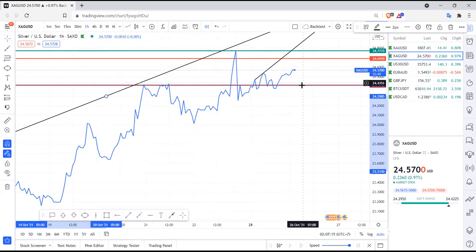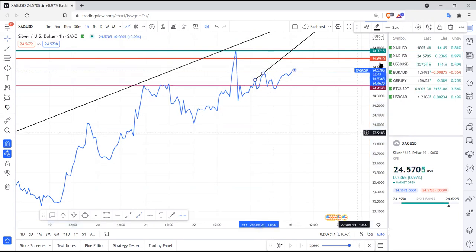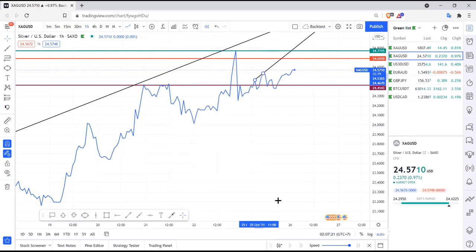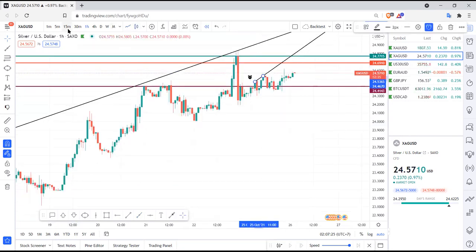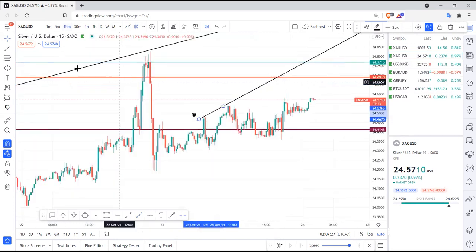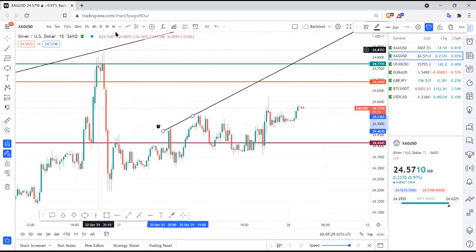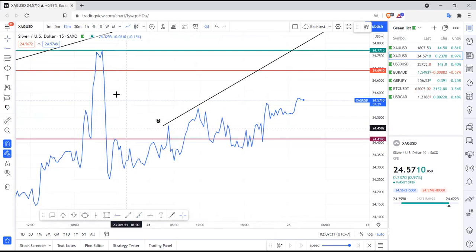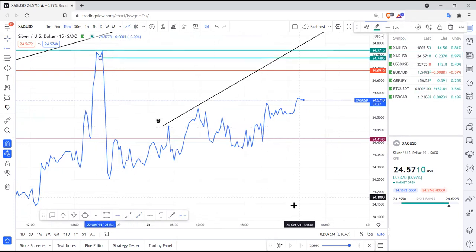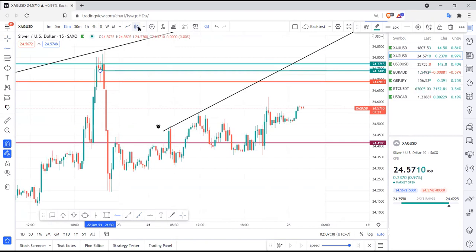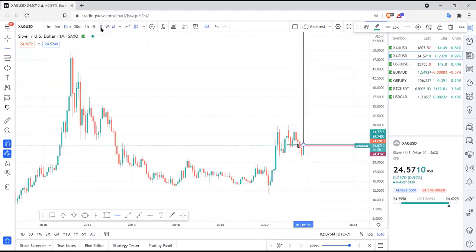Waiting for daily to daily. Using alert, then M15 breakout, plus H1, right? Monthly, daily, H1, M15.